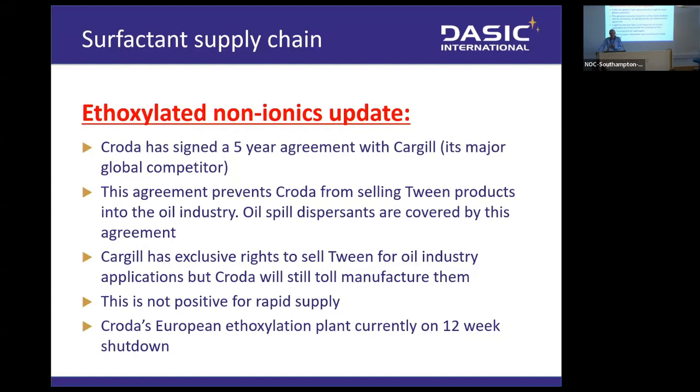The fatty acid is derived from, say, palm oil, which has to be hydrolyzed to break down an ester and produce the fatty acid. The fatty acid then has to be reacted with the sorbitan. The sorbitan then has to be reacted with ethylene oxide. So you can see there's multiple stages in each one of these raw materials. So it's a complicated supply chain.